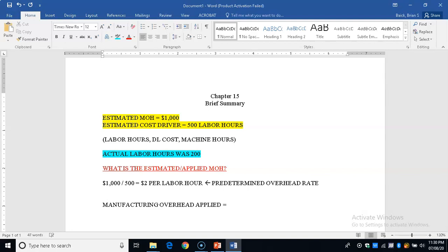How much are we going to put in our books? Well, the predetermined overhead rate is $2 times how many actual hours did we have? We had 200 hours actually. So how much overhead am I going to apply, meaning put down in my books? It's going to be $400.